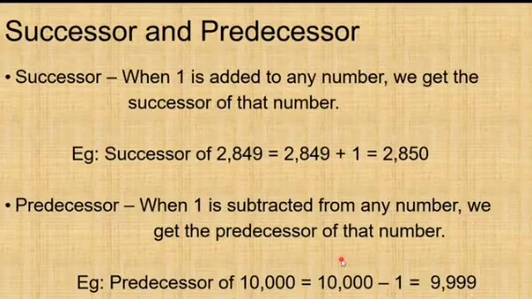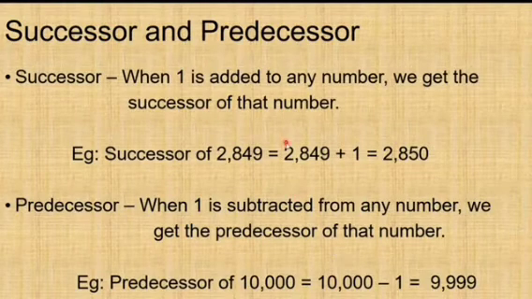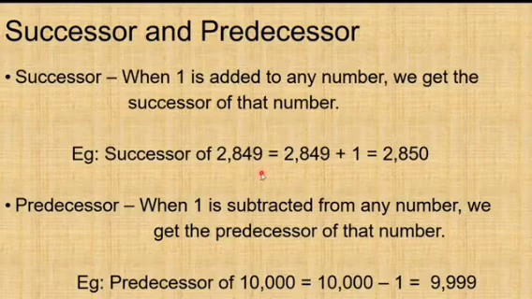Now, successor and predecessor. Successor. What is successor? When 1 is added to any number, we get the successor of that number. For example, successor of 2,849 is equal to 2,849 plus 1 is equal to 2,850.